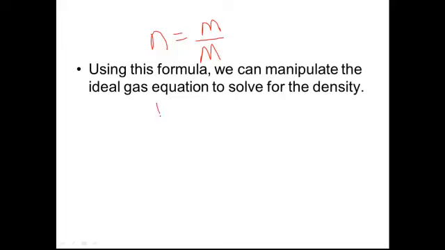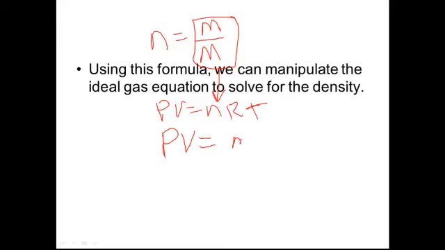So we can use PV equals nRT and substitute that into our equation where our moles are. When we do that, the equation becomes PV equals little m RT over big M. Again, this is just the mass of the gas, and this is the molar mass of the gas on the bottom.